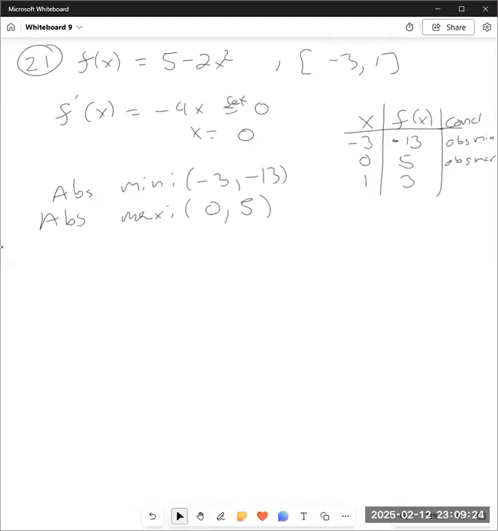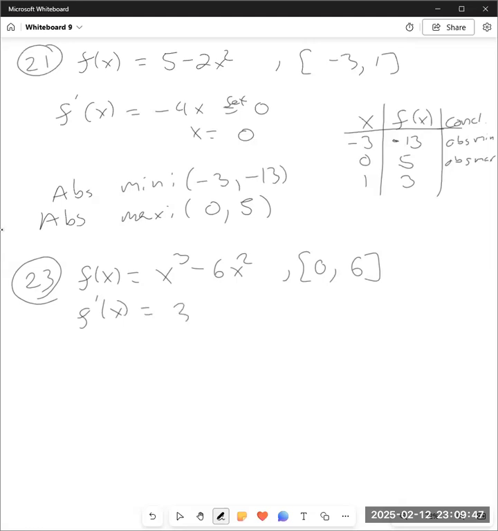Let's look now at number 23. f(x) is equal to x³ - 6x² on the interval from 0 to 6. f'(x) is equal to 3x² - 12x, which is equal to 3x(x - 4).